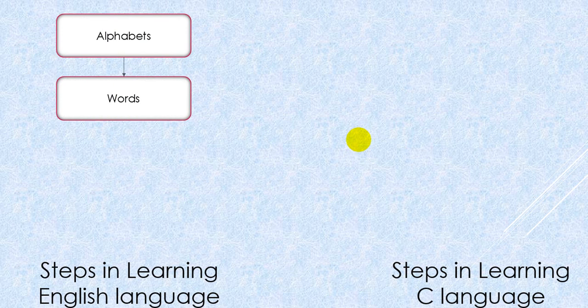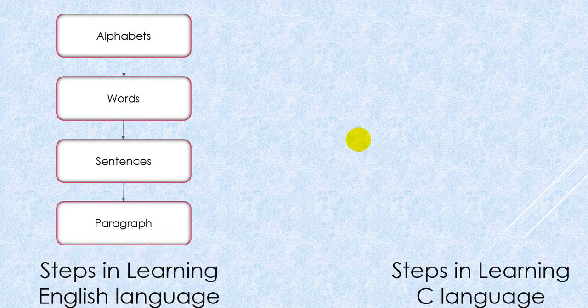Like I have combined some alphabets to make a meaningful word like bat. Even if it's not meaningful, it's still a word. Then sentences, like I have a bat, that is a sentence. And if I write the whole paragraph, my bat is of red color and so on, then it's a paragraph.